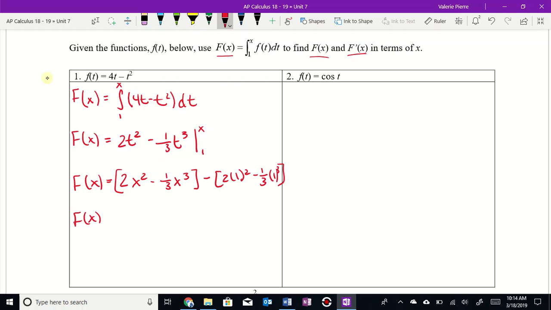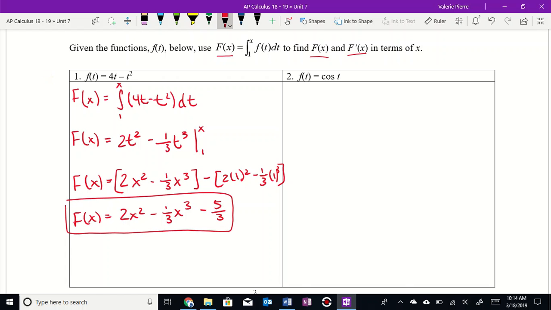So capital F of x is equal to 2x squared minus 1/3 x cubed minus 5/3. And capital F prime of x is equal to 4x minus x squared.